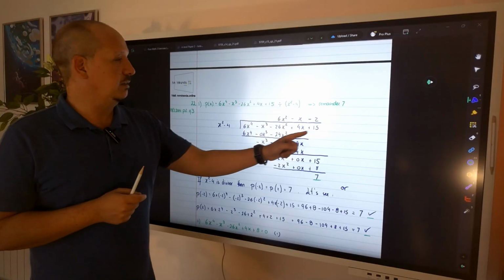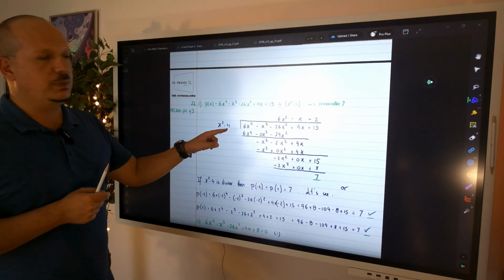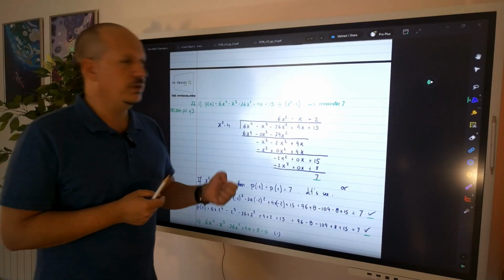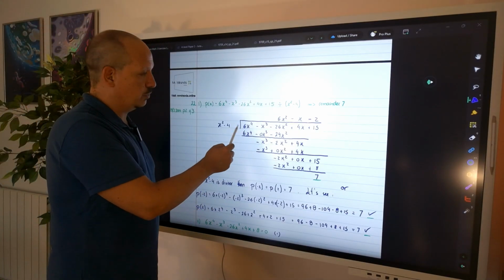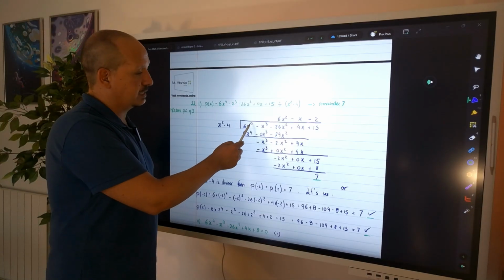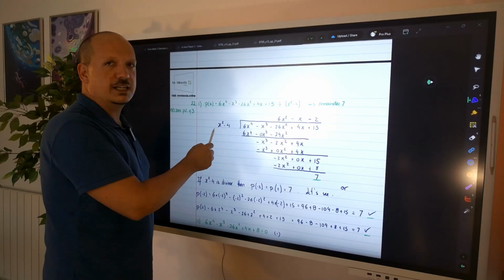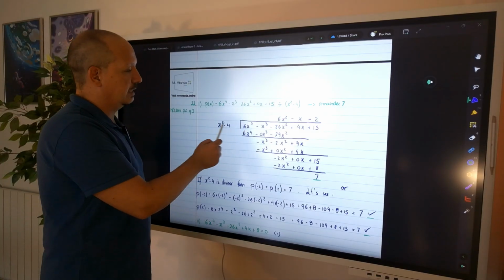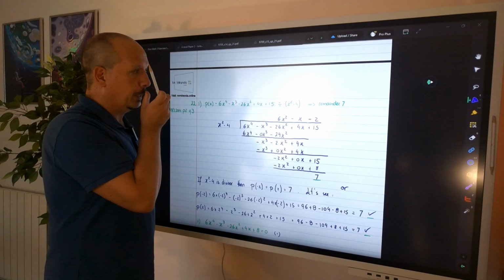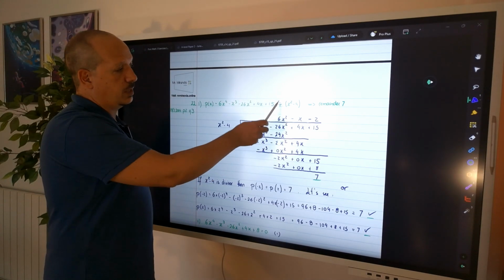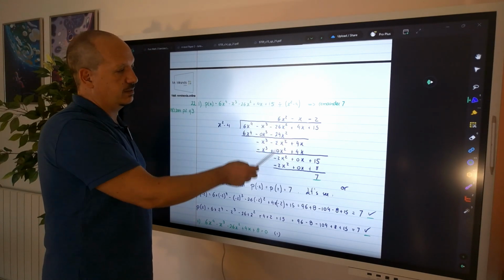You divide this polynomial by x squared minus 4, following the rules that I told you before. So you look just at the terms with the highest power. So 6x to the power of 4 in the dividend and x squared in the divisor. You divide this by this, and the result is obviously 6x squared. You should write it right on top of the column with the x squares, all right?